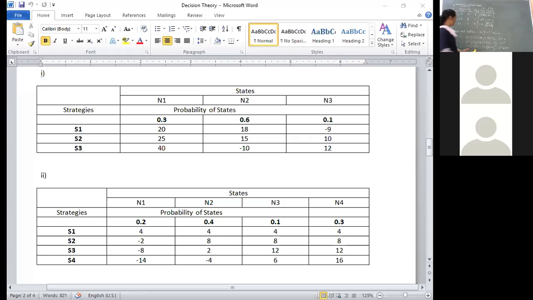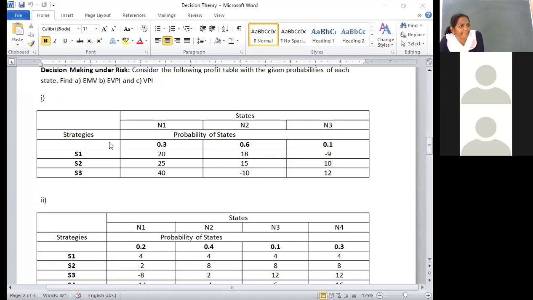Okay, we did the first problem, I hope. Decision making under risk. Students, we did the first problem, decision making under risk, in the last lecture.